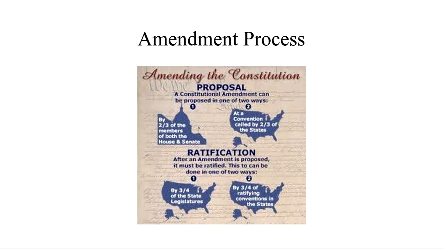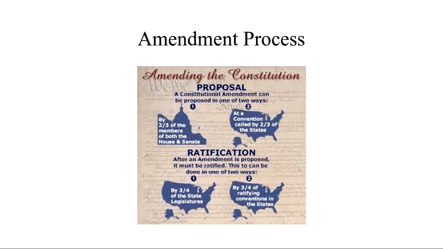The other way is by having a constitutional amendment convention called by two-thirds of the states. For the most part, constitutional amendments have been introduced by Congress. It's faster than trying to get the states to agree on holding a convention, when, how, etc.